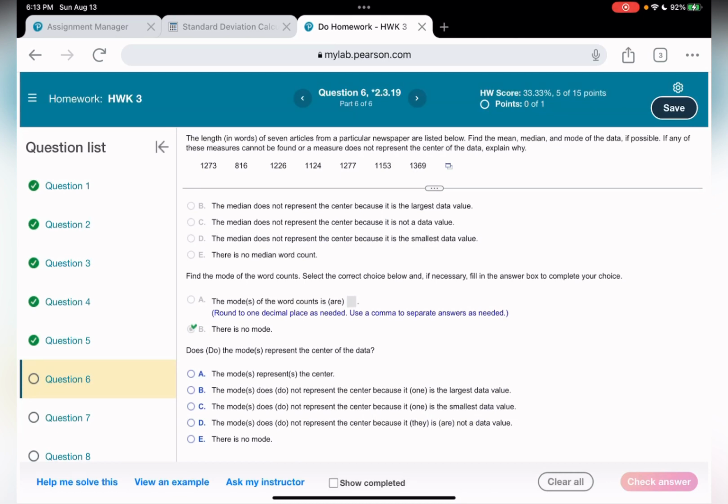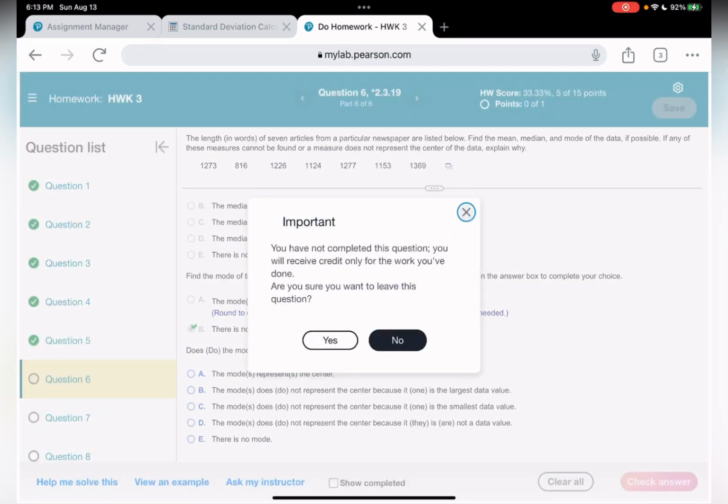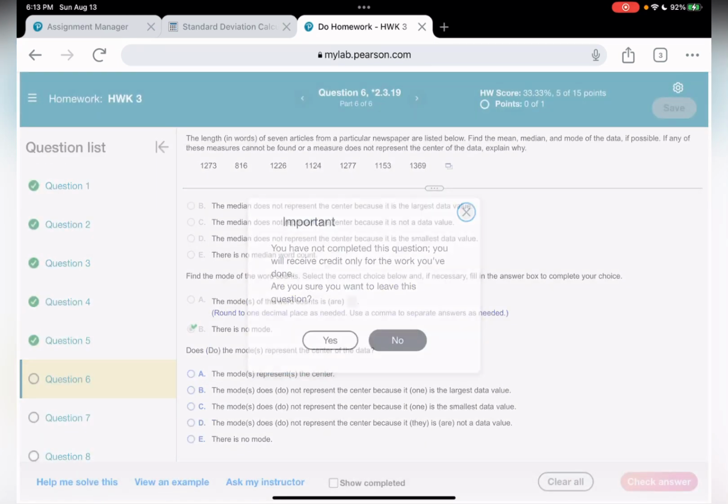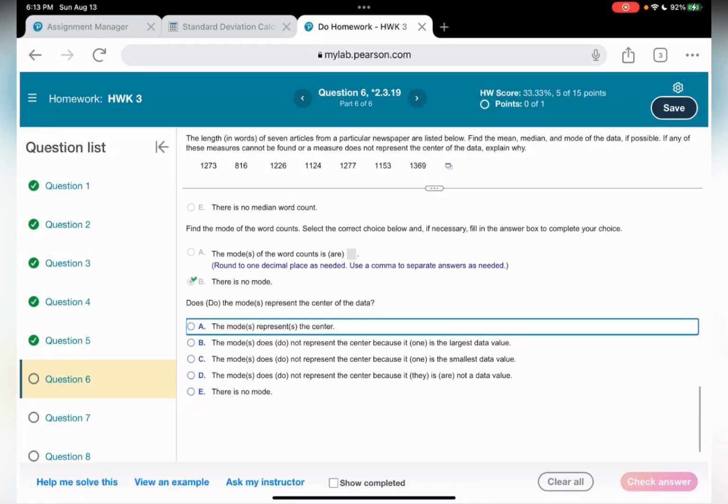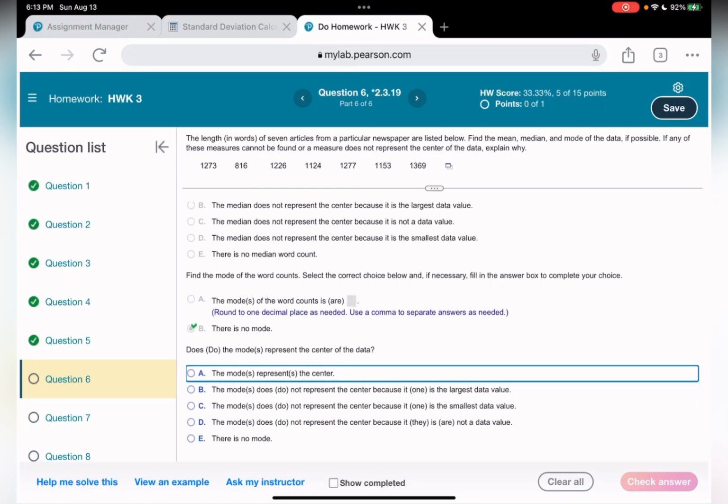Next question, number 7. How many questions do we have there? Question D. Okay, let me see what question D says. The mode represents the center. Correct.